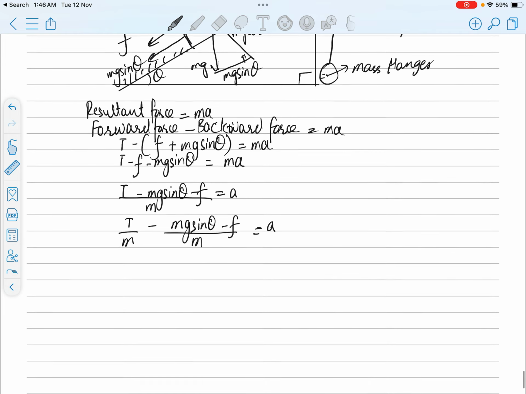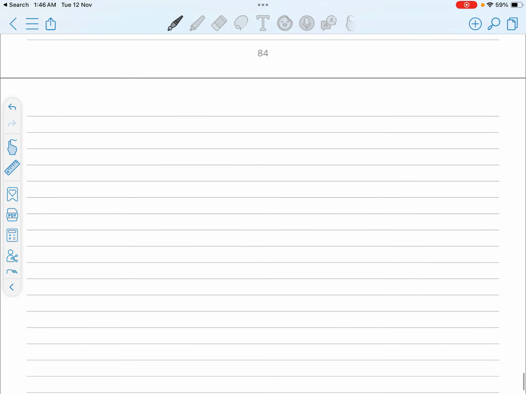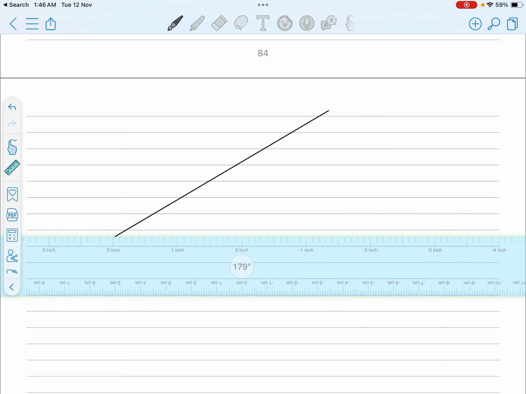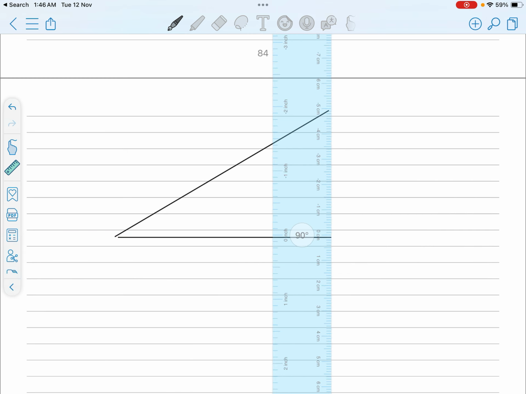But now we will imagine another scenario where the sum of the forces in the x and y plane is 0, meaning that the body is in equilibrium.